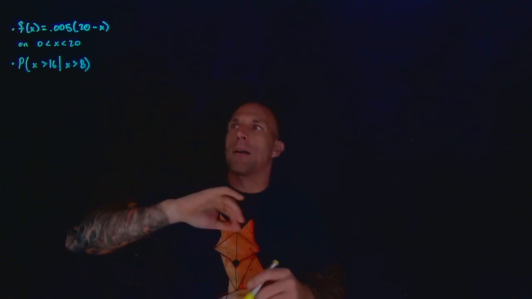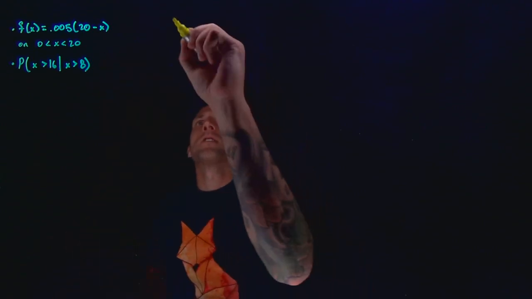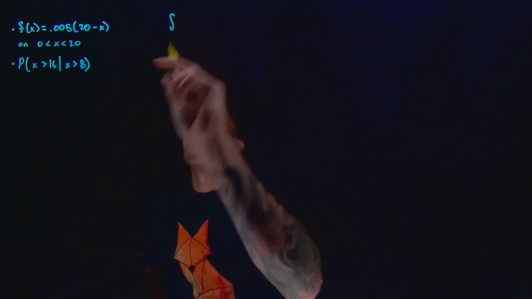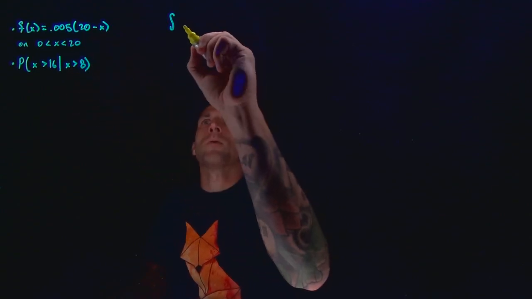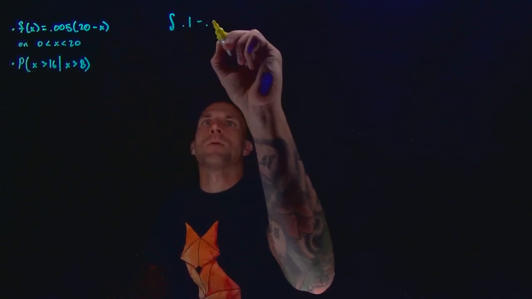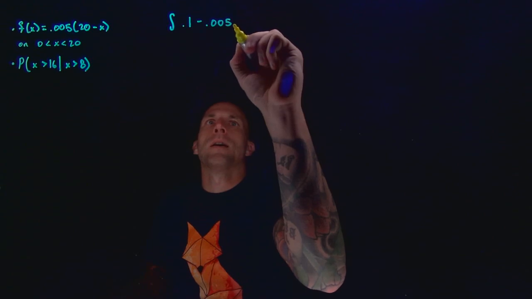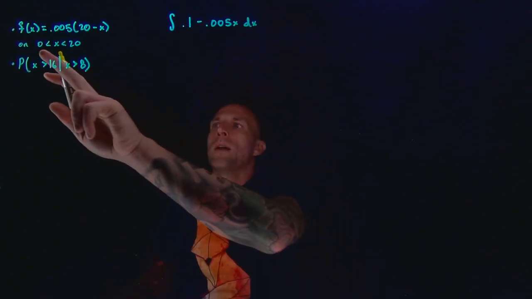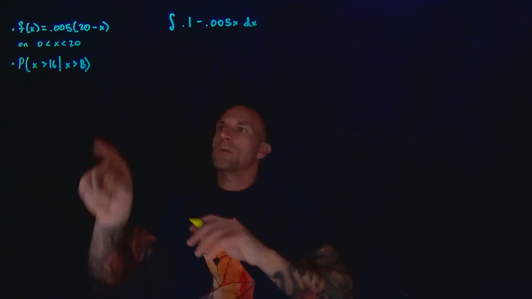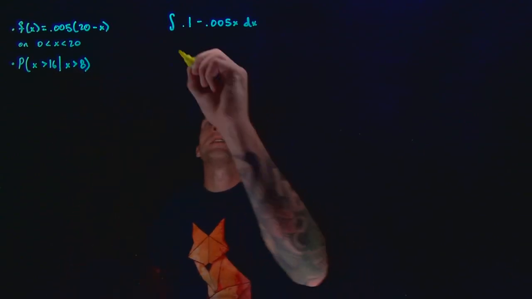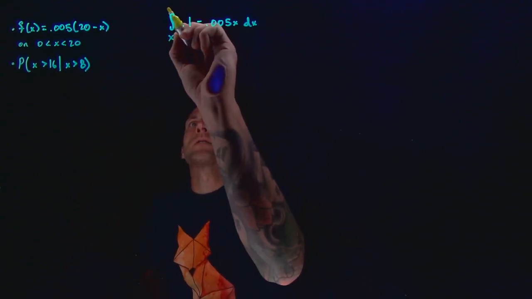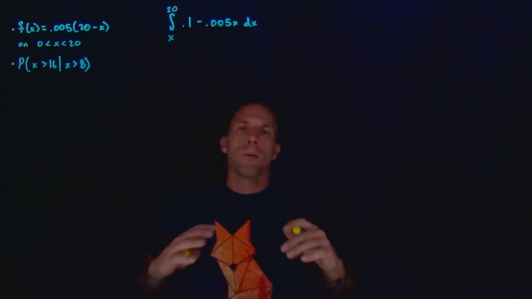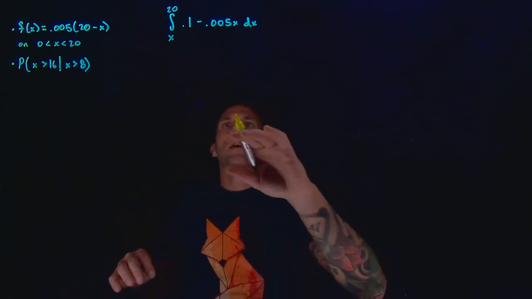And I like to simplify first as much as possible. So distribute through 0.1 minus 0.005x dx, and we're evaluating from 0 to 20, but because we have these conditions of 8 and 16, I'm going to go from x to 20, to create a little bit more of a generic formula.